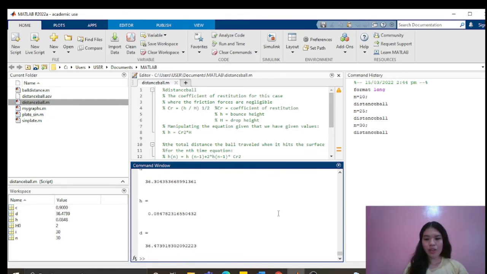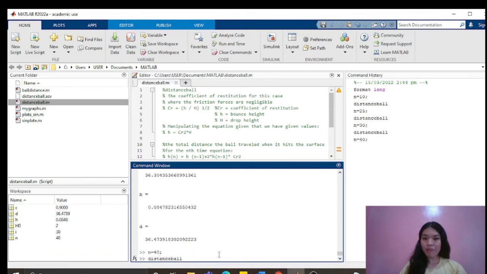So from 25, the last number is 35 point something, but in 30 it's still increasing: 36, 36, 36. Try another one. From 30, we try 40 bounces. Distance ball. Call on the file name again.